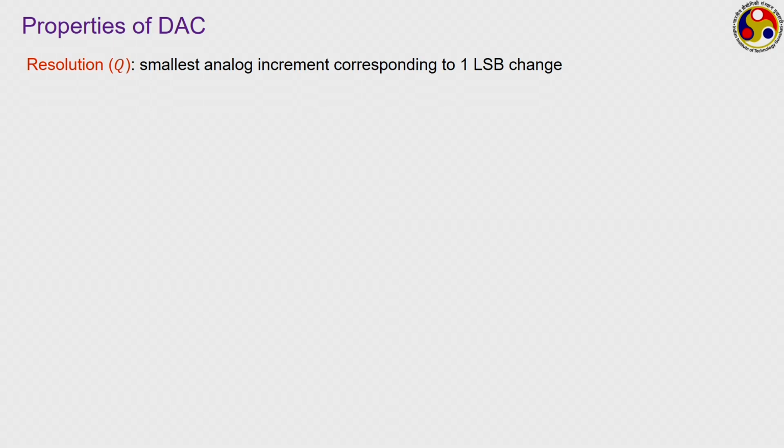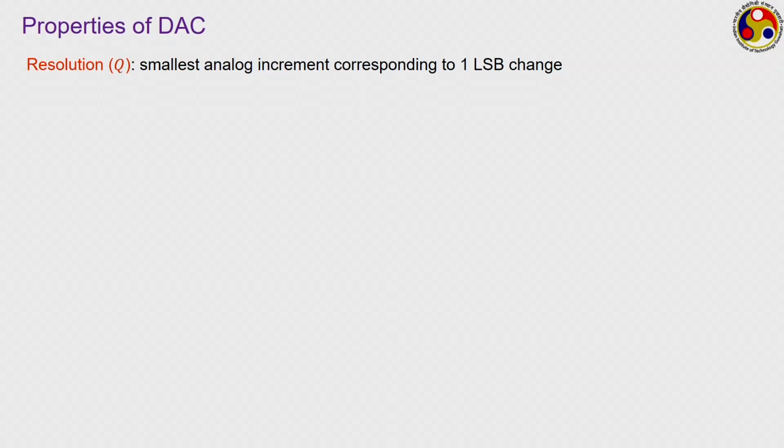Firstly, from our discussion of the first module, where we learned about different properties of measurement systems, and also in this week itself when we discussed different terms associated with analog to digital conversion, more or less similar properties are also relevant to DACs. First is definitely resolution. Resolution refers to the smallest analog increment corresponding to 1 bit change in the digital input.